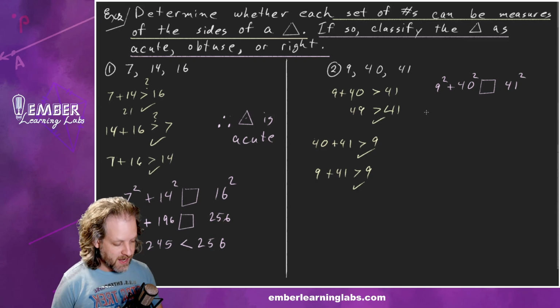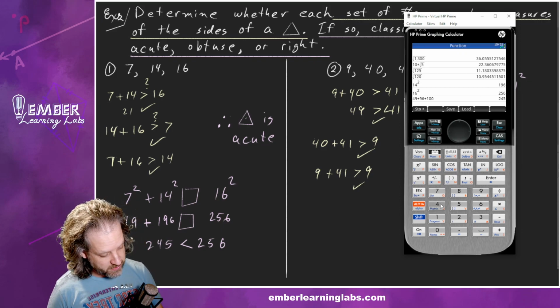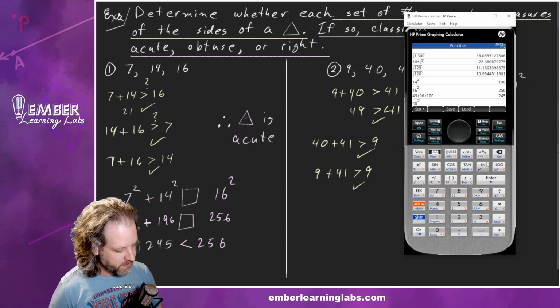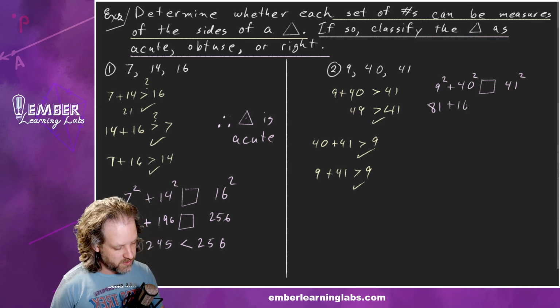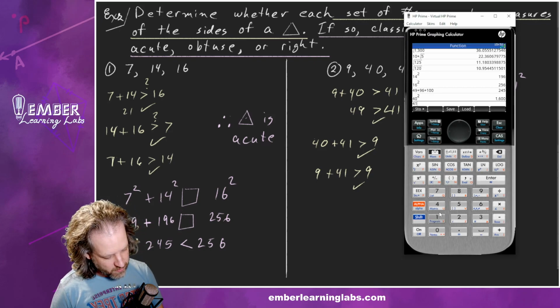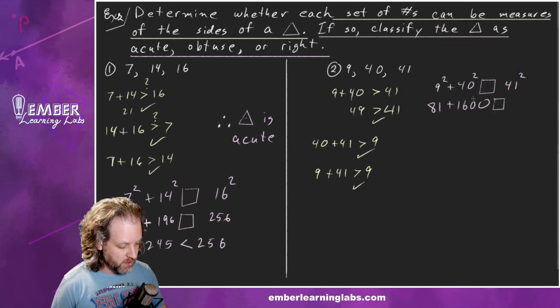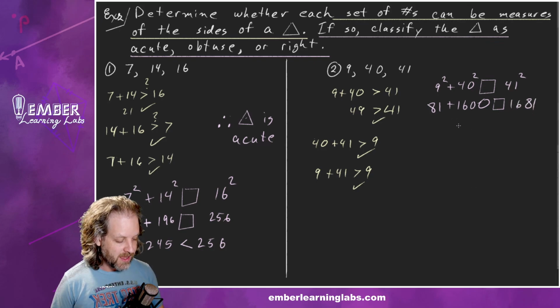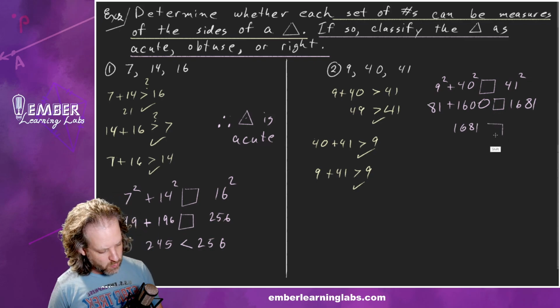All right, so 9 squared is 81. 40 squared, we could almost certainly do that in our head, but just for proof and evidence, 40 squared is 1600. How does that compare to 41 squared? 41 squared equals 1681. You might be able to see what's going to happen. So 1,681.